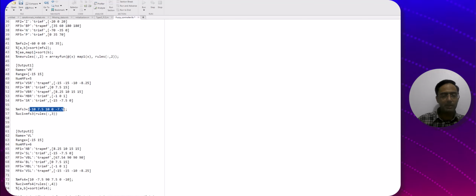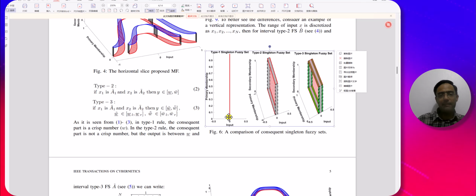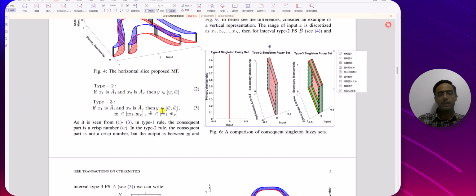Let me go back to the paper here. As you see here, if we consider the center of a triangular type 3 fuzzy set as the center of a singleton fuzzy set, then we can add the upper bound and the lower bound, and we can convert to the type 3 singleton membership function.